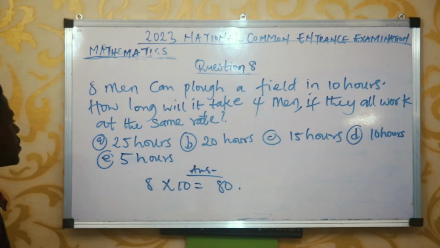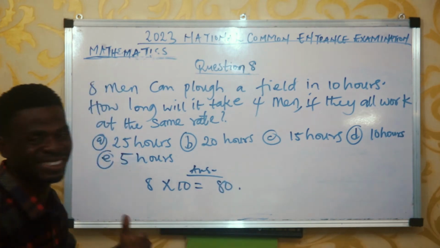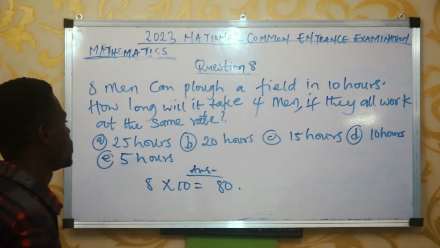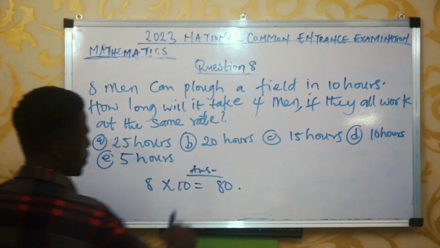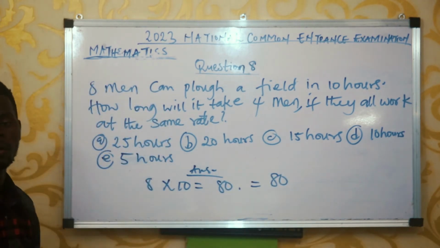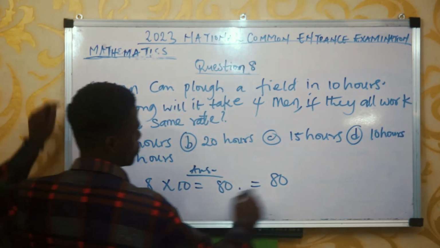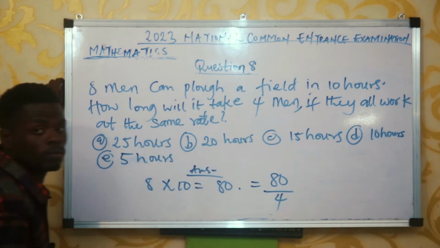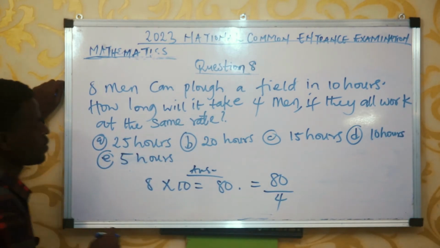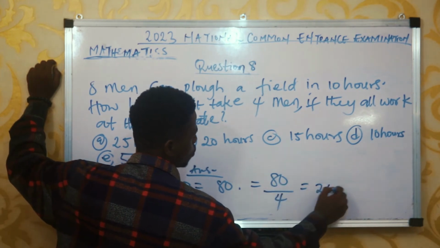To get our answer, how long will it take 4 men if they all work at the same rate? We say 80 divided by 4. 80 divided by 4 will give us 20.